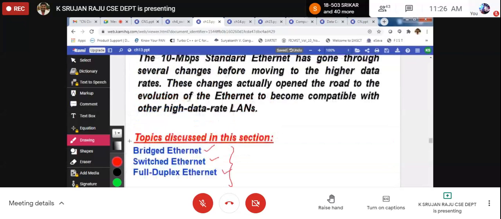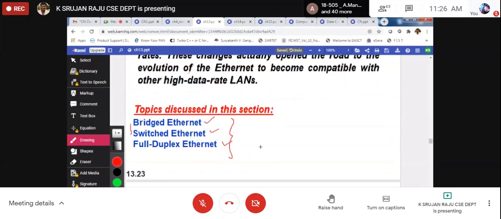Okay, now here when you are going to look at that bridged or switched network, my intention is how we are going to do that. So dear friends, now the question is going to arise. Everyone, please try to concentrate on that particular thing. So now we have the standard Ethernet, fast Ethernet, gigabit Ethernet, 10 gigabit Ethernet, or whatever the Ethernet is.